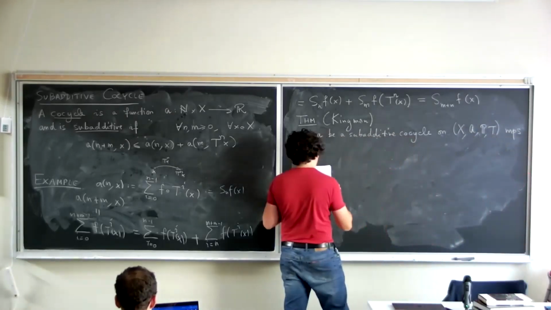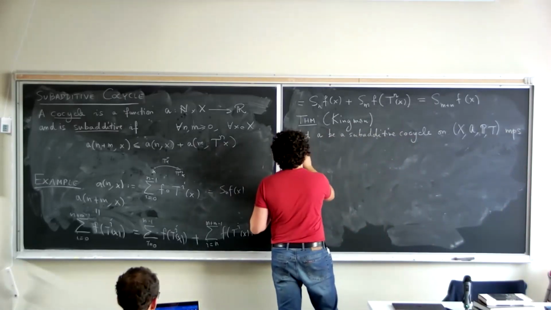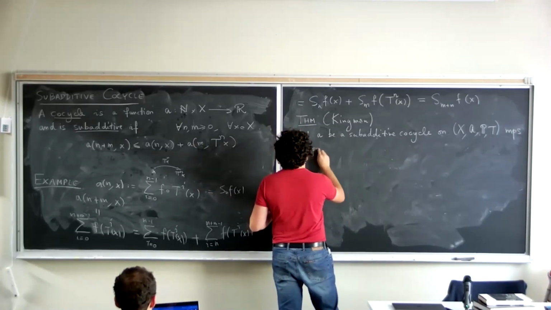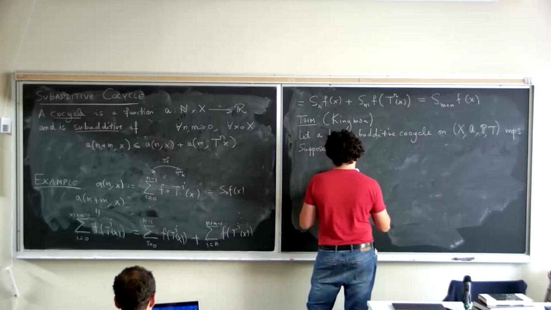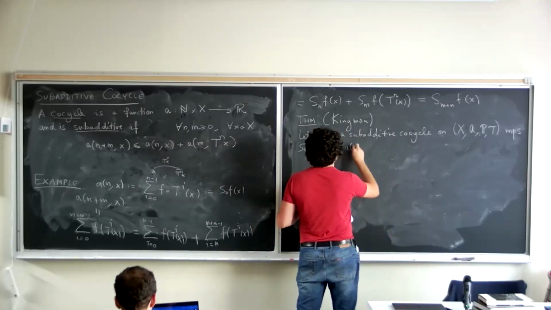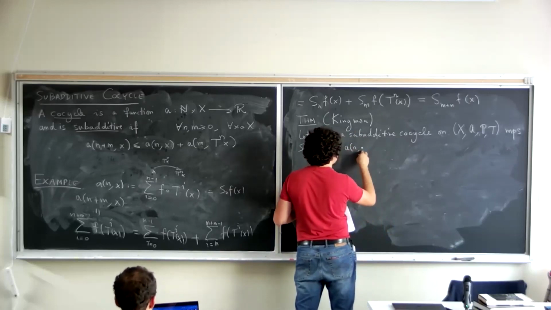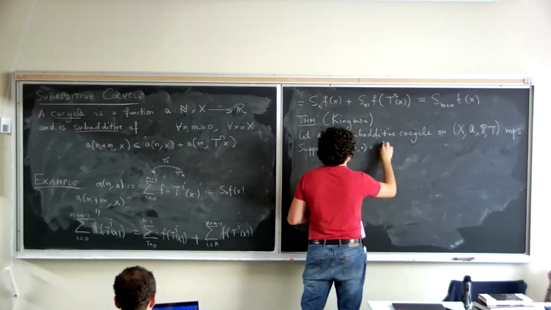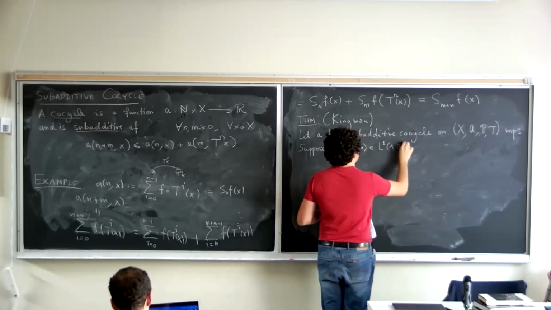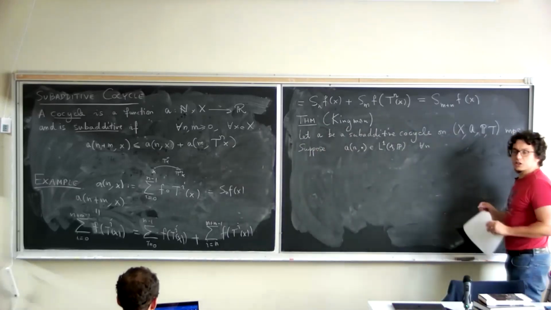And what do we need to assume? Suppose it's integrable, which means that a_n for each n, as a function of x, is in L1 for every n. So this is an integrability condition.